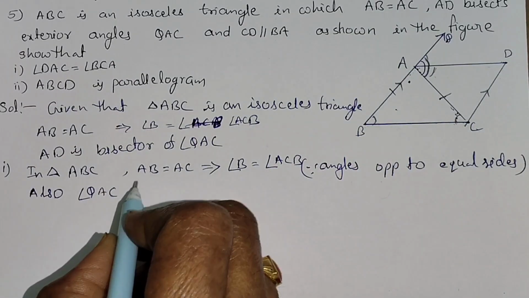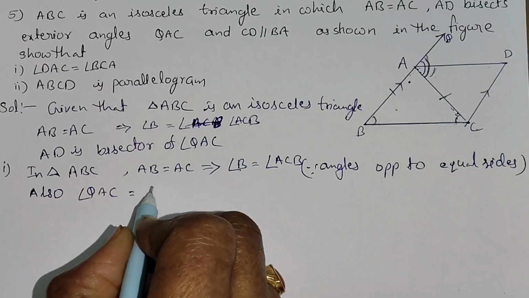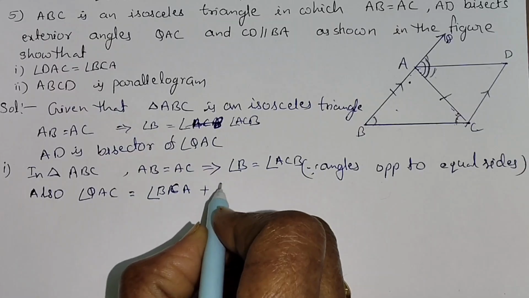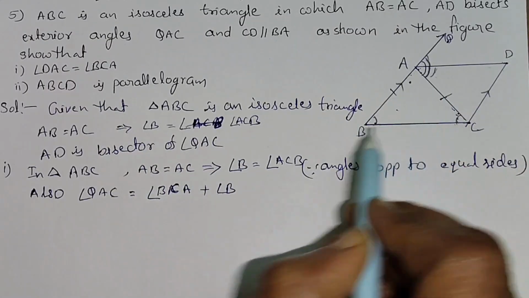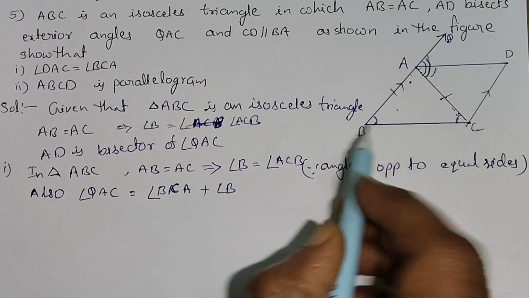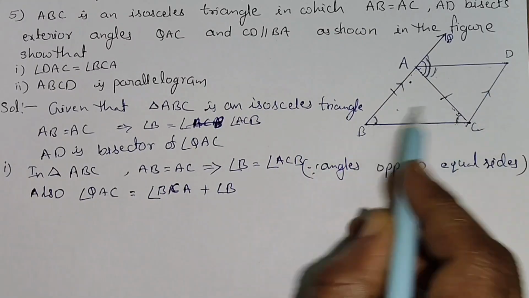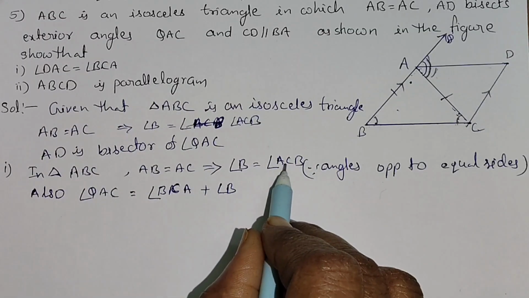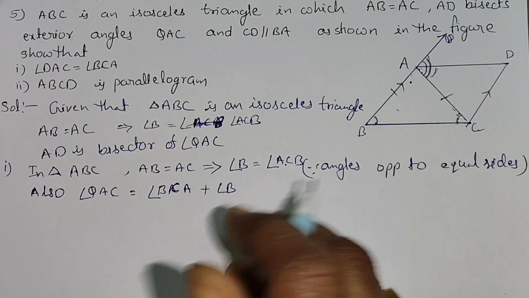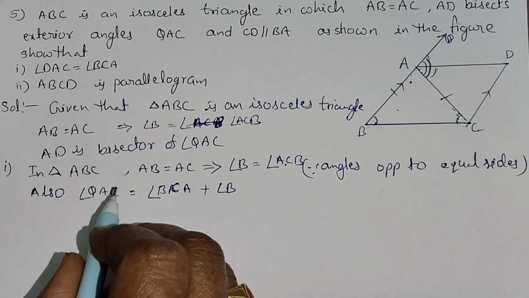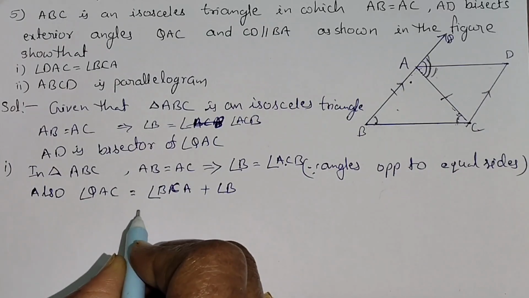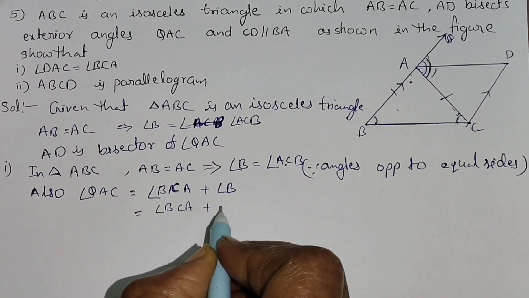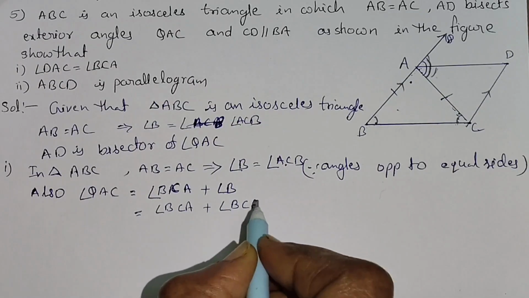So QAC equals angle BCA plus angle B. Already we know that angle B equals angle BCA, or ACB, both are the same.